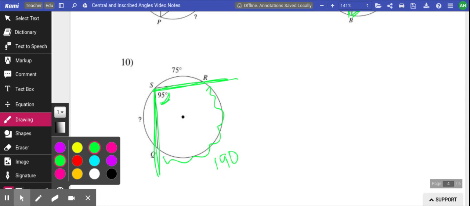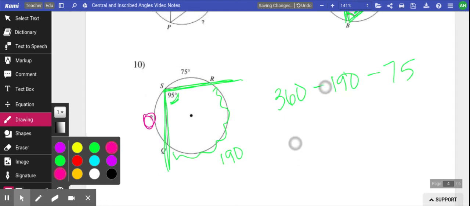And then how many degrees are in a circle? Well, there's 360. So 360 minus 190 minus 75 will give us the question mark, which is left. And that you can put into your calculator and find your answer.